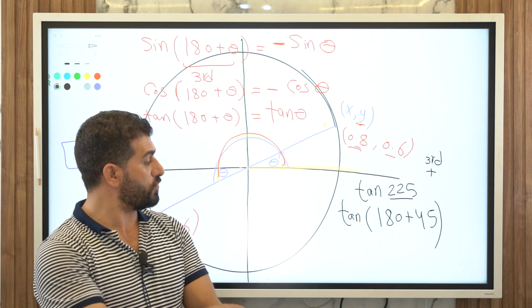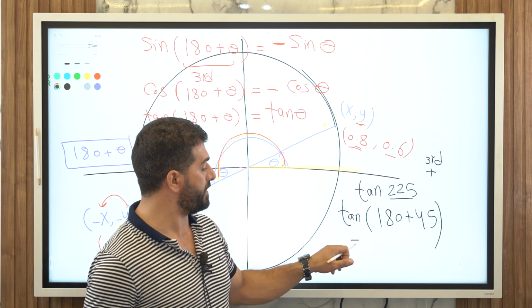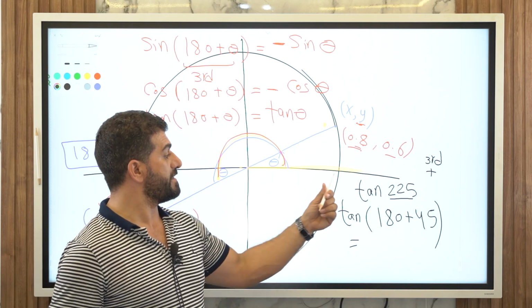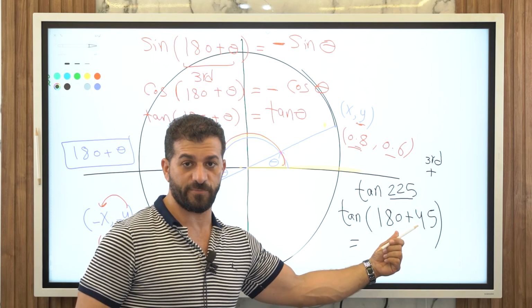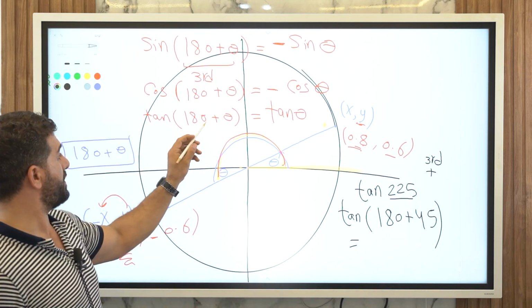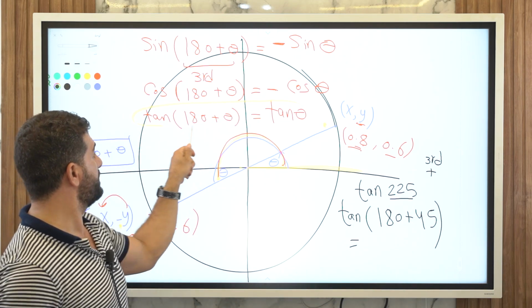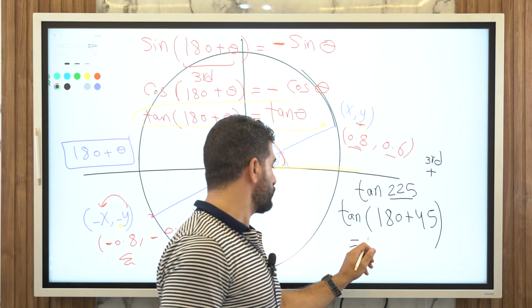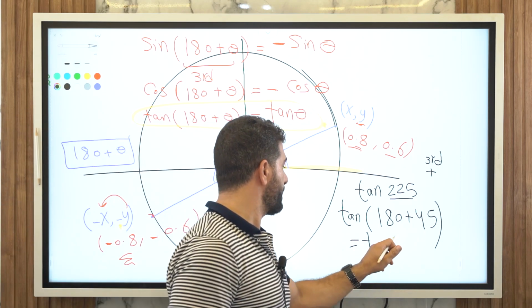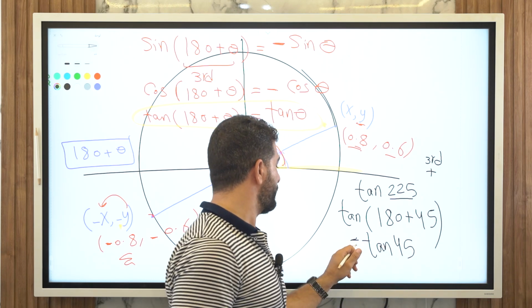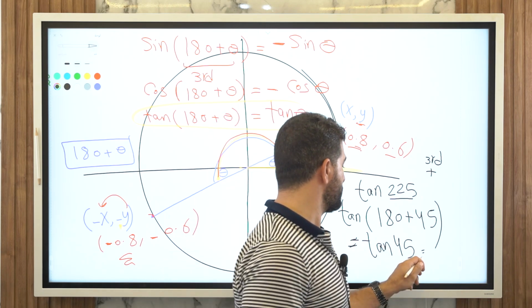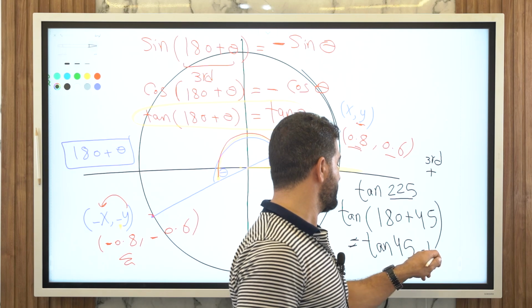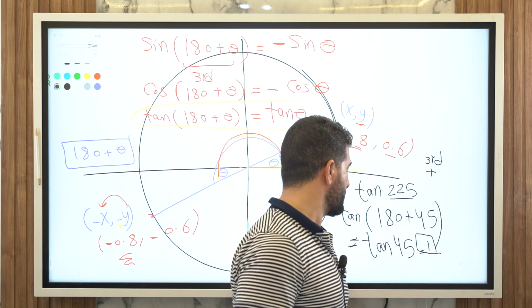As I said, tan 180 plus theta is equal to tan theta. So that is going to be equal to tan 45. And tan 45, as you know, is opposite over adjacent, so it's 1. That's it.